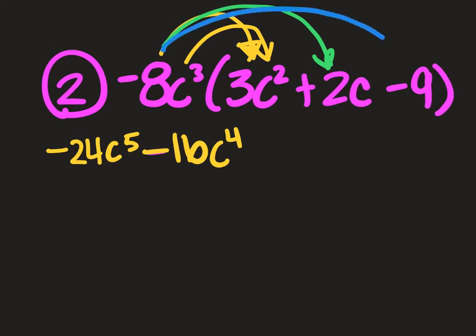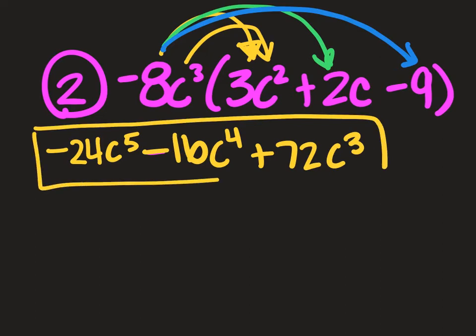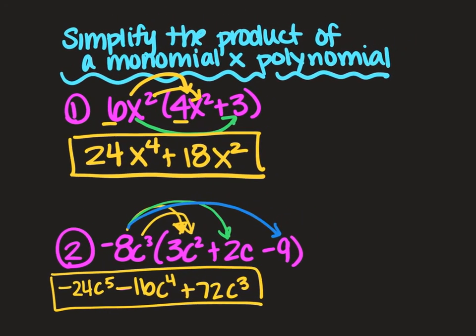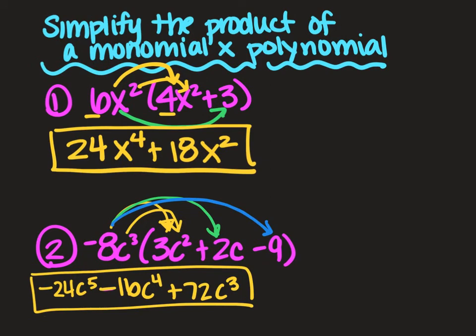And then our last term, -8c to the 3rd times -9. -8 times -9 gives me a positive 72c to the third. Pretty simple. Really all you're doing is just using distributive property. You've done that for a very long time now.